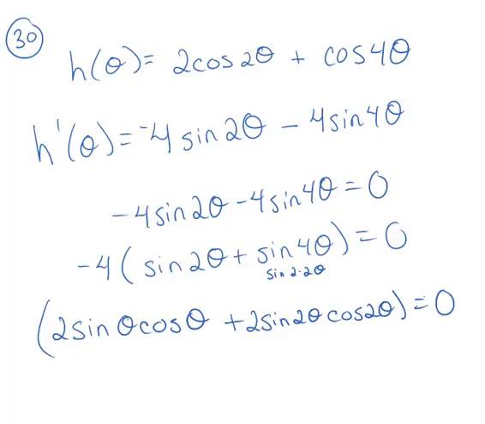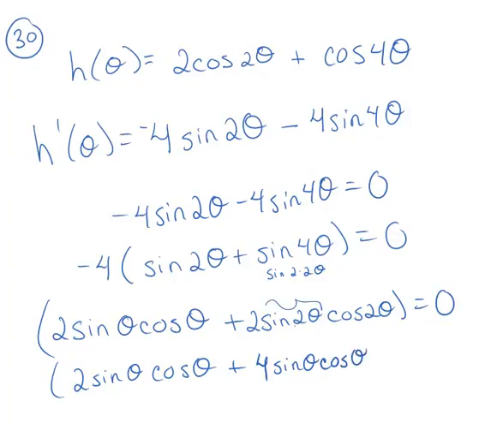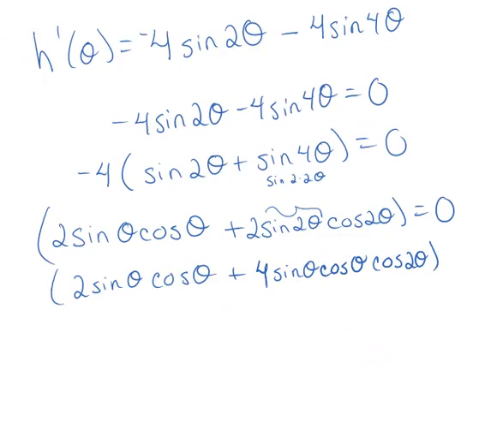All right, and then this 2 sine 2 theta, you can write as 2 sine theta cosine theta times 2, and that'll be 4 sine theta cosine theta, because we apply the double angle formula there, which is that it's 2 sine theta cosine theta times that 2. But then you still have that cosine 2 theta there. But the good news is that this is getting a little bit better.